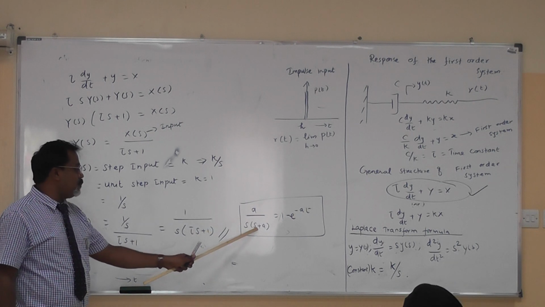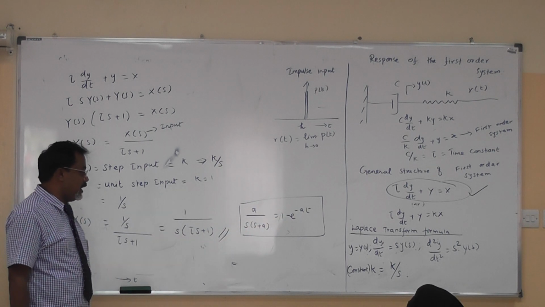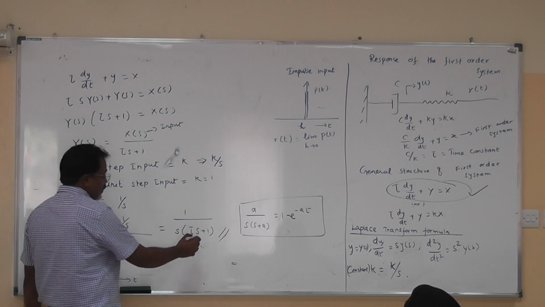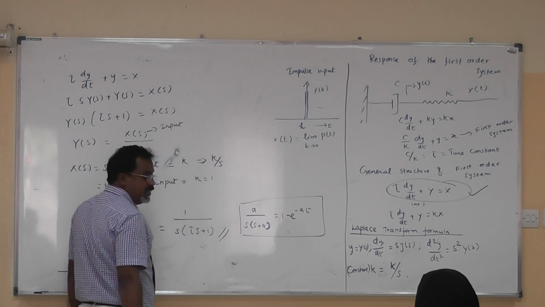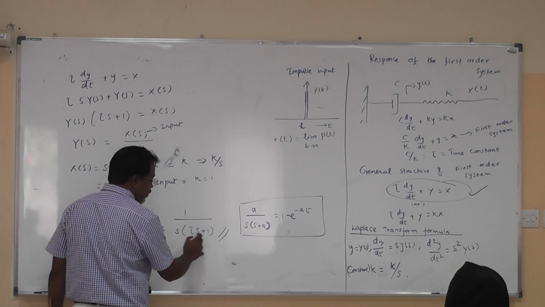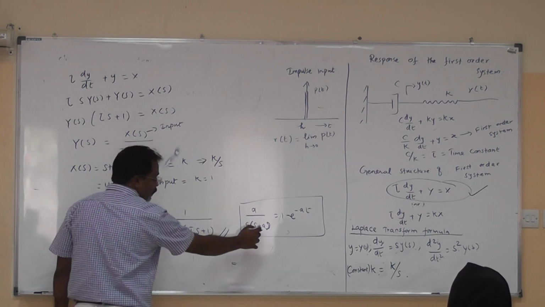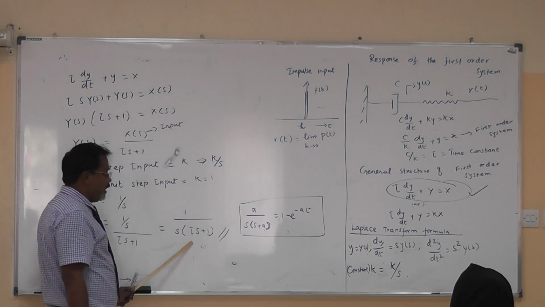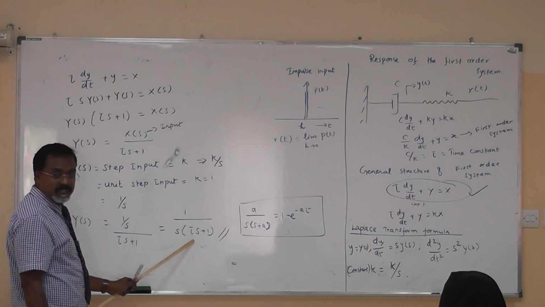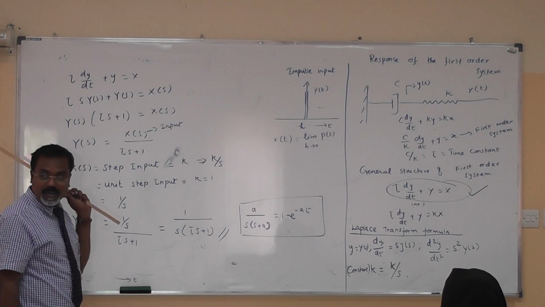A by s into s plus a equals 1 minus e power minus a t. Here, inside the parenthesis, s plus a is there. Here tau s plus 1 is there. If you consider a as 1, the tau is extra. Tau is the time constant, so you have to take the time constant outside.